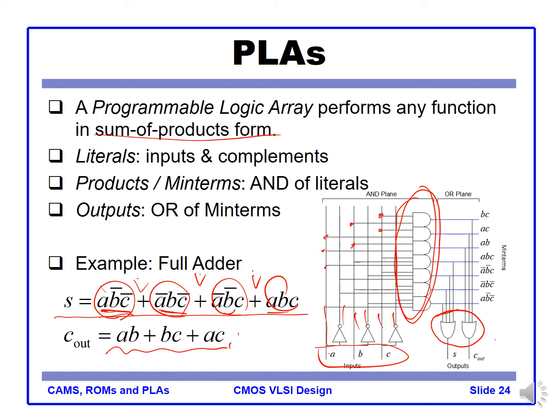Then you can make any logic you can imagine using this PLA structure. This is an array structure that is already present for AND and OR and input inversion like this. So if you have many of them, then you can actually implement any logic function you want.